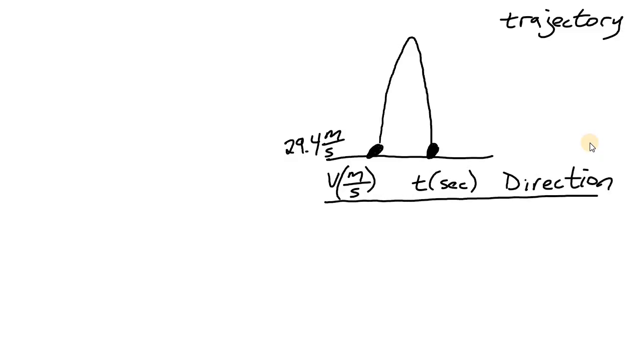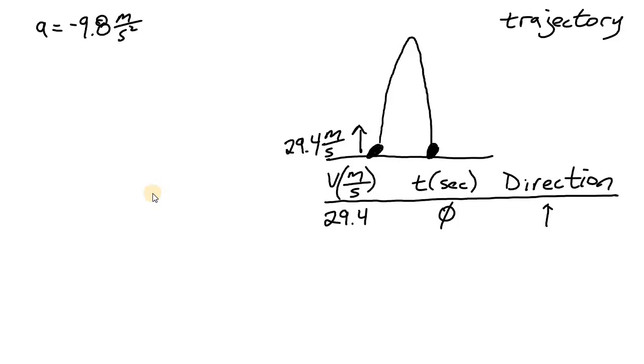Okay, so at time of 0 seconds, what's the initial velocity? Oh, it's 29.4 meters per second. And what's the direction? Well, we're tossing it upwards, right?